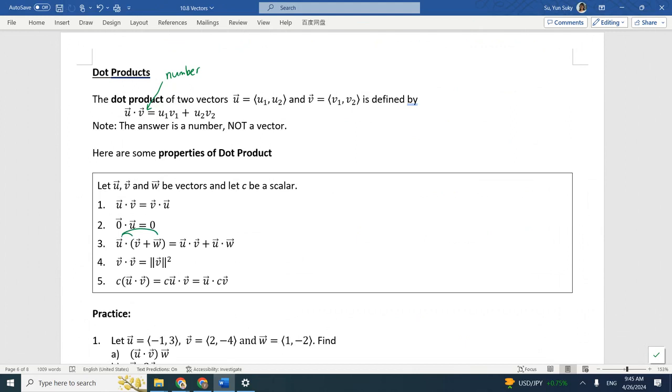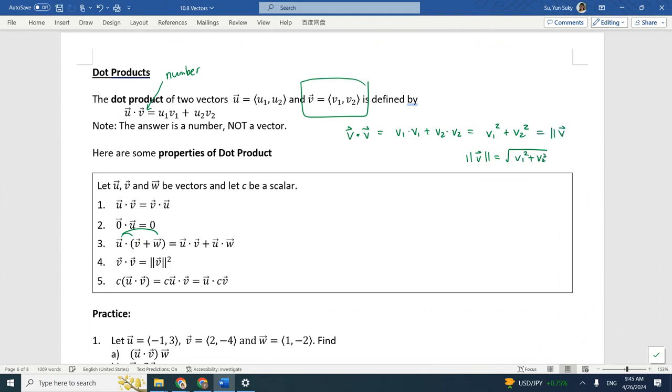And what is v dot v? Okay, think about it. Look at this. This is v. v dot v, you have v1 times v1 plus v2 times v2. Yes, everybody? Therefore, it's v1 squared plus v2 squared. And our magnitude of v is the square root of v1 squared plus v2 squared.